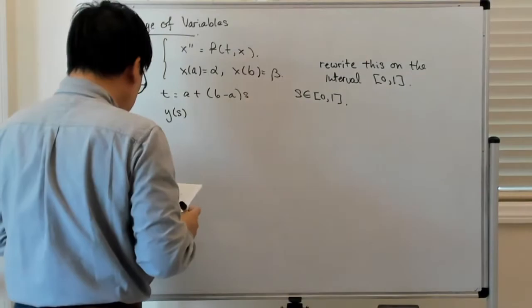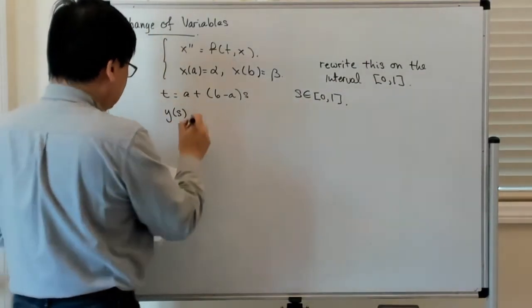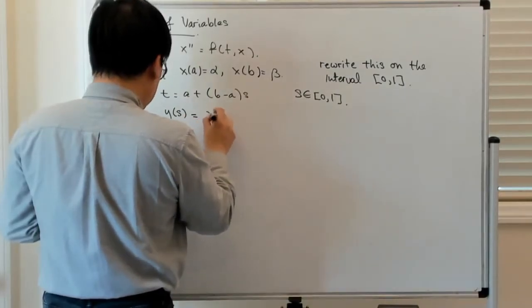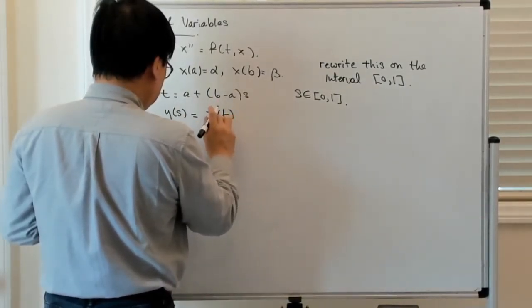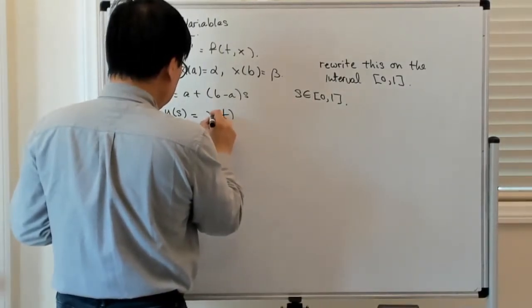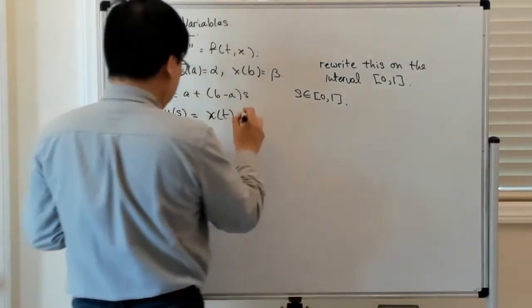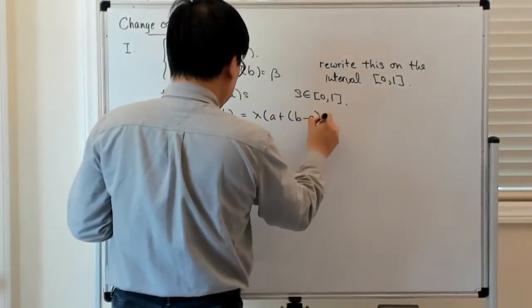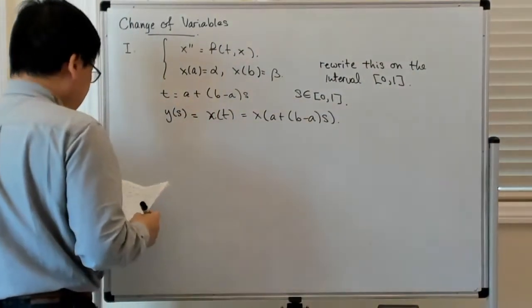So let's look at what this looks like. y is a function of s, and that means x is a function of t. Okay, so I want to have that kind of relationship, and then that means y of s is x of a plus b minus a s.